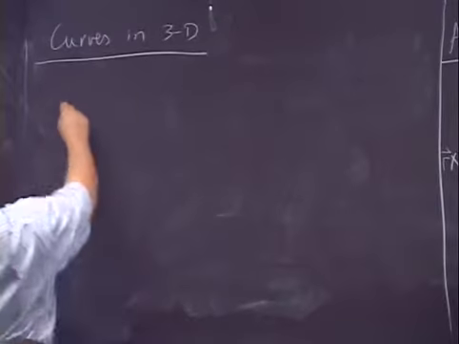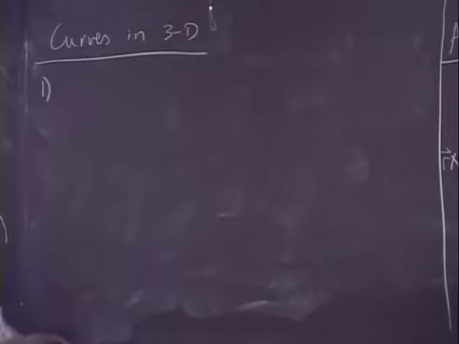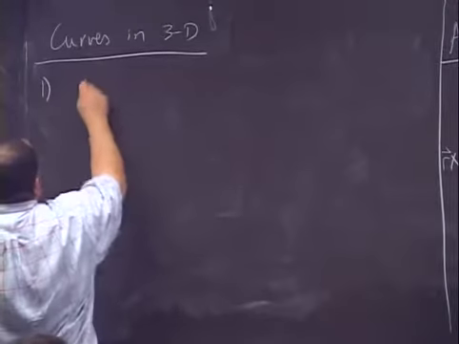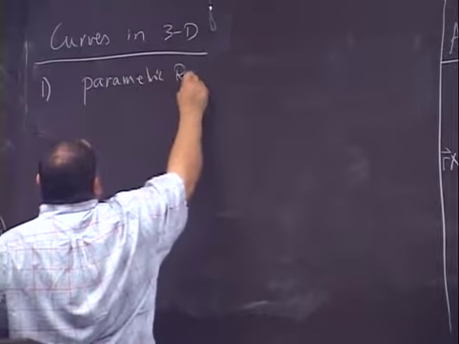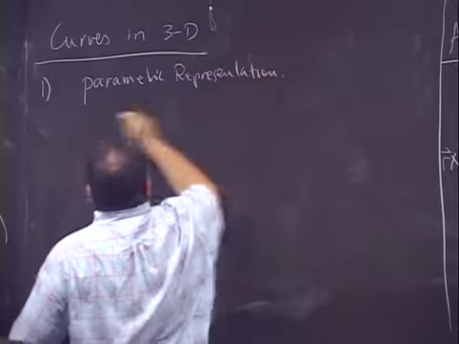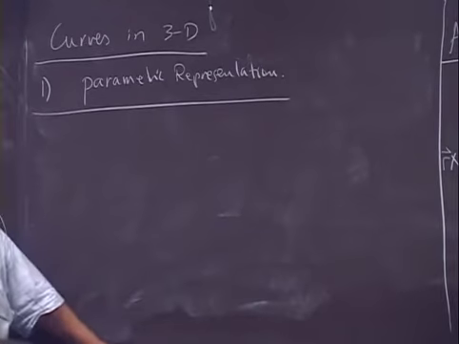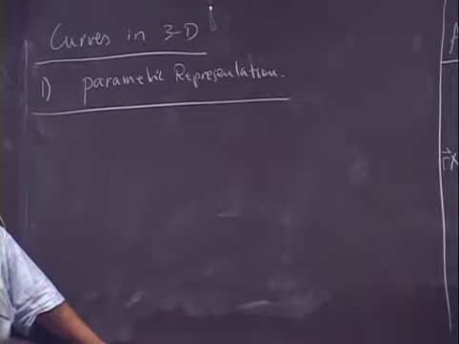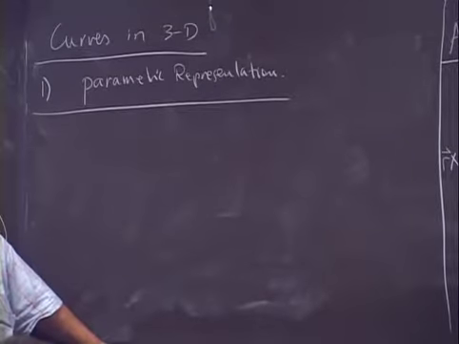So we can represent these vector functions in several representations. One, we call it parametric representation. What do we mean by parametric representation? If you take calc 2 or calc 3, or whatever, you will have parametric representation.